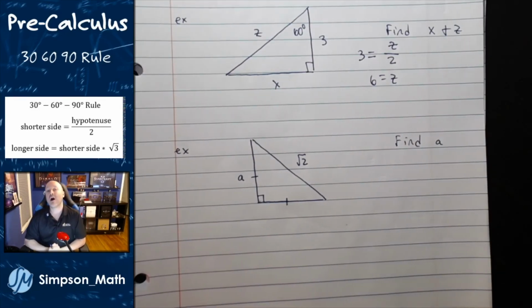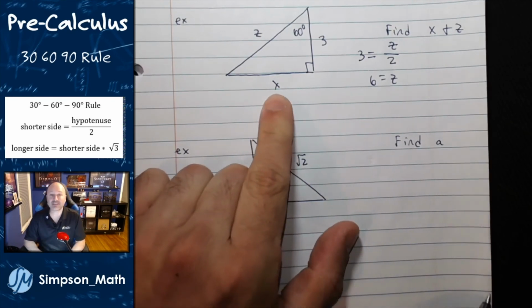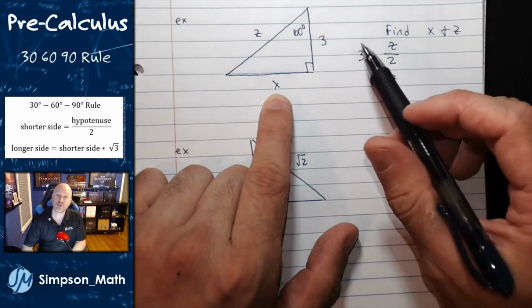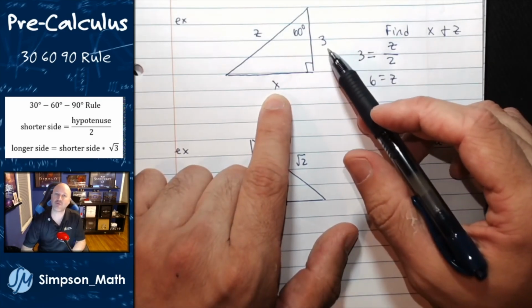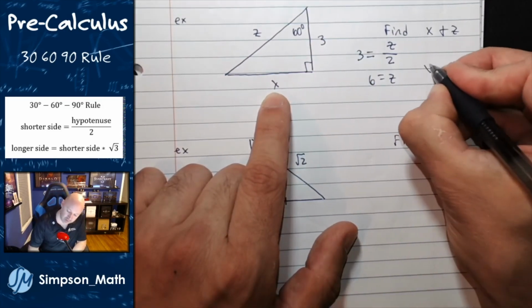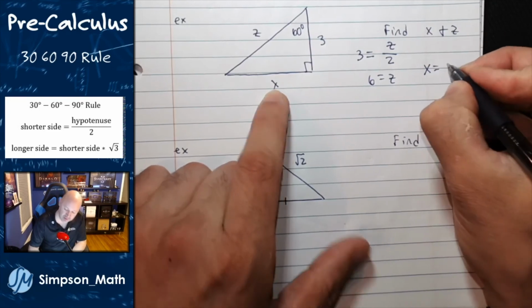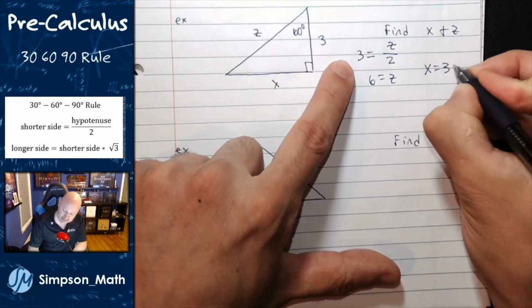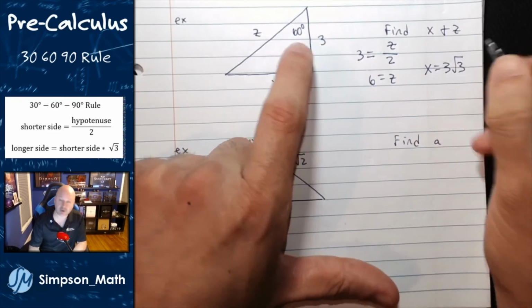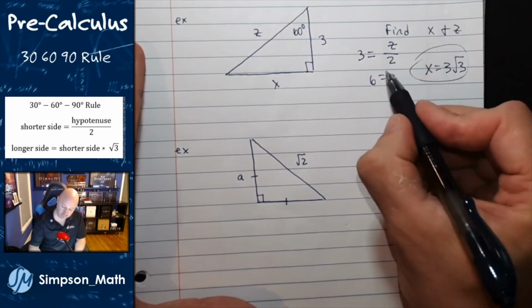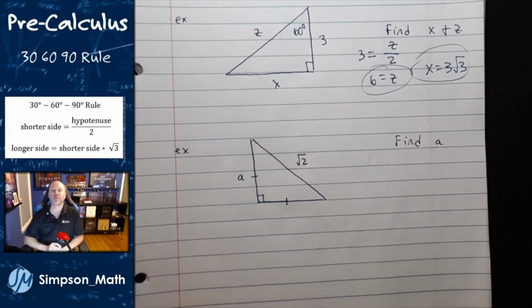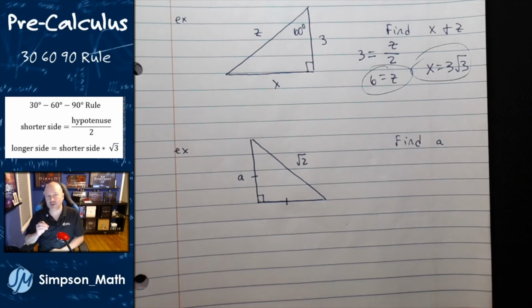Now the other side length, x, this is the larger one, it's going to be equal to the shorter one times the square root of 3. The larger side length is equal to the shorter one times the square root of 3. So don't let variables confuse you. You're actually looking for the shorter side, the larger side, and the hypotenuse.